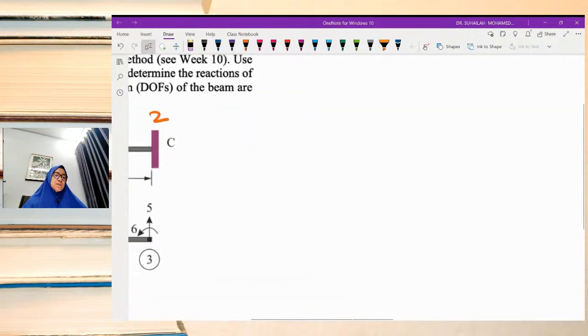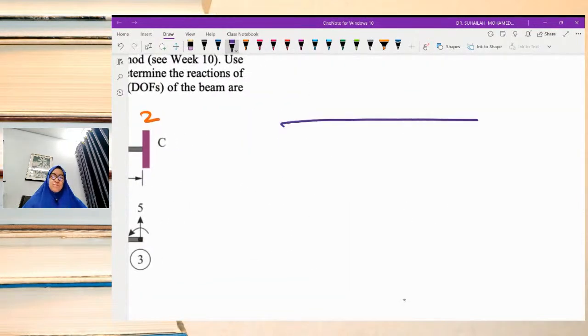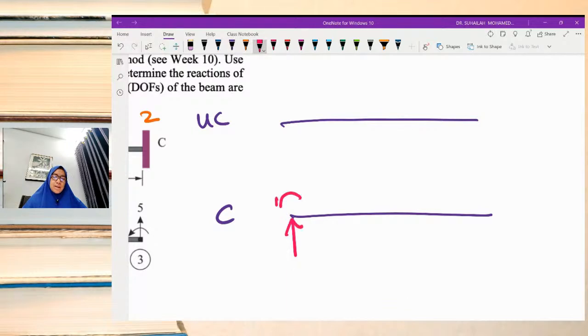So if we sketch this for unconstrained and constrained, we have 2 located at A, and 1 for roller, and another 2. And 1 Z component is under the unconstrained system.